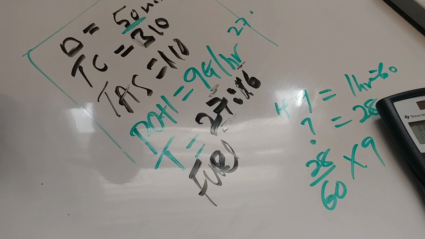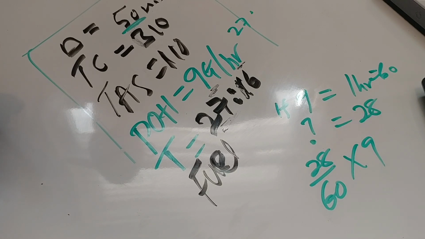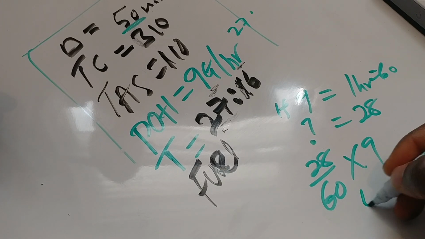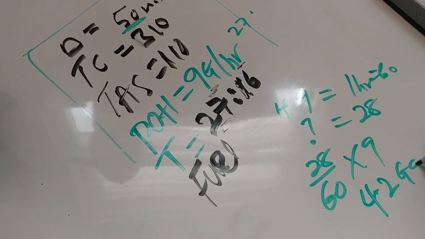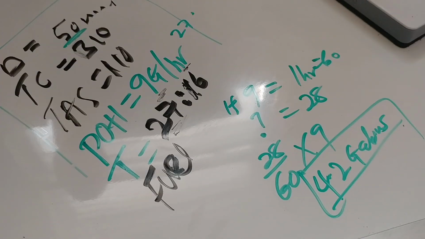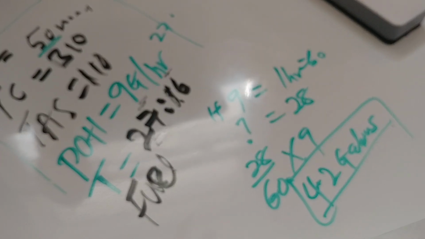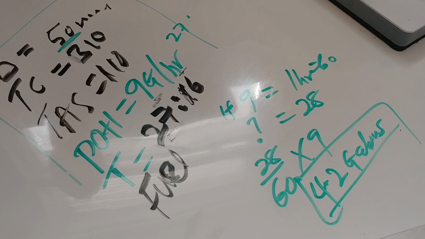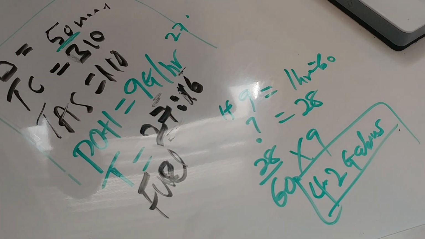So 28 divided by 60 times 9. And the answer is you're going to need 4.2 gallons of fuel for the entire 50 nautical miles trip.